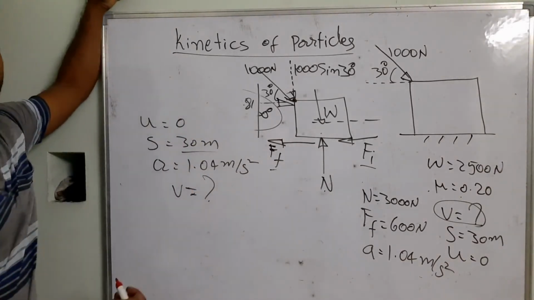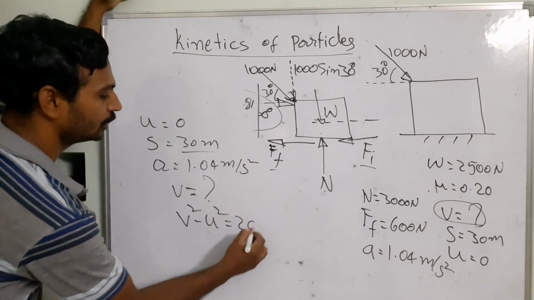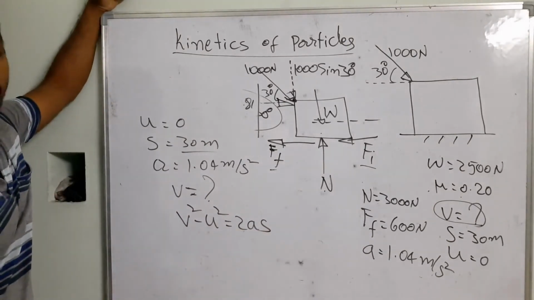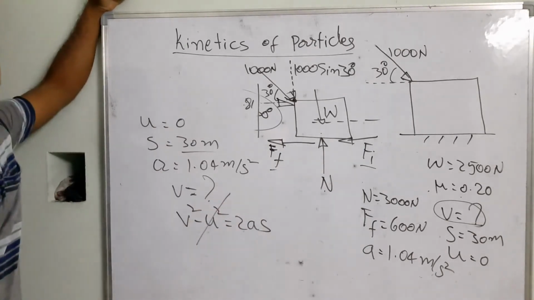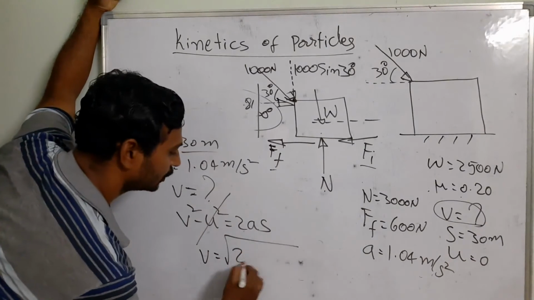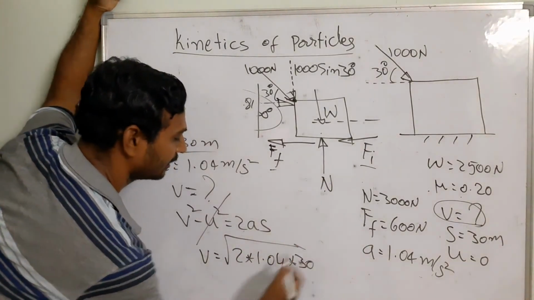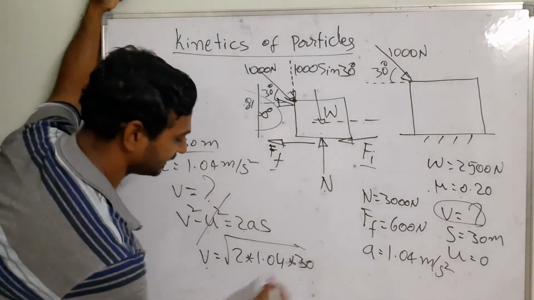What equation do we have? That's v square minus u square is equal to 2as. From this, the initial velocity is cancelled out. That's v is equal to the square root of 2 into 1.04 into 30.